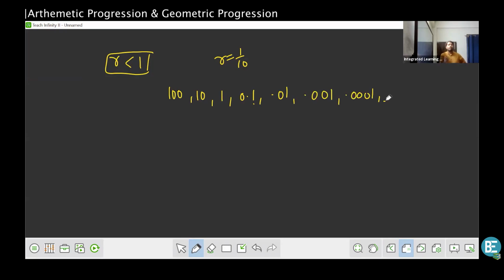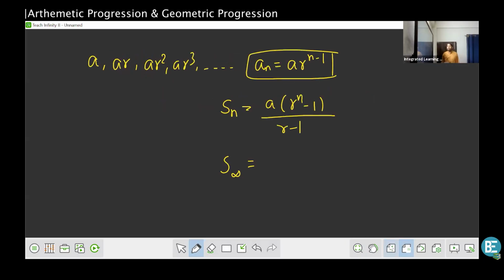Do you agree, guys? Yes, sir. As we keep on going, the number will keep on decreasing and it will be very negligible in front of these numbers.